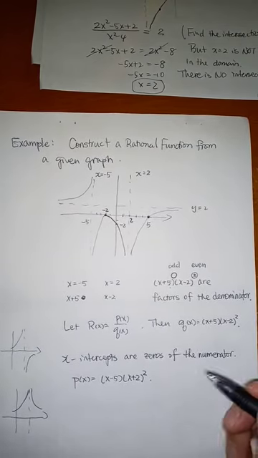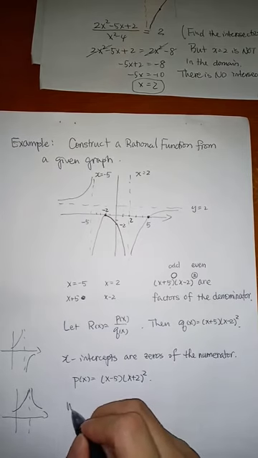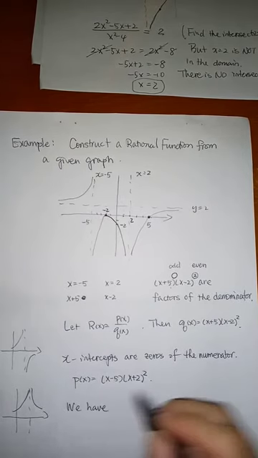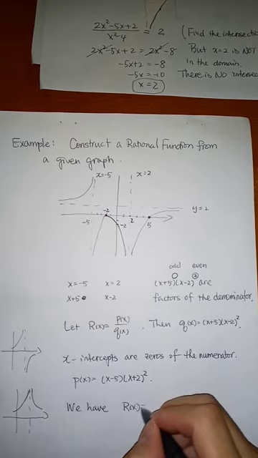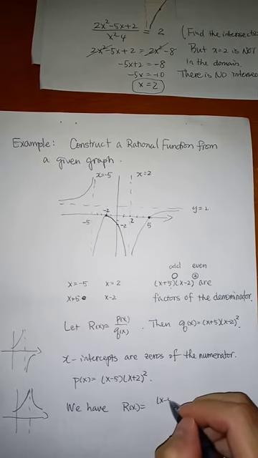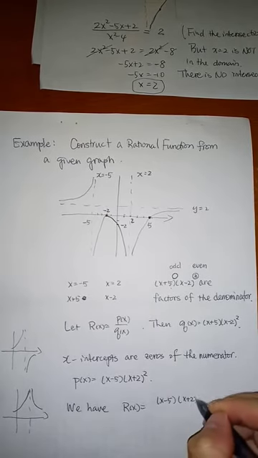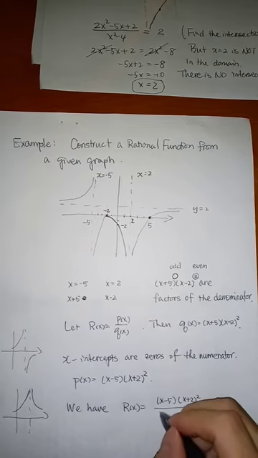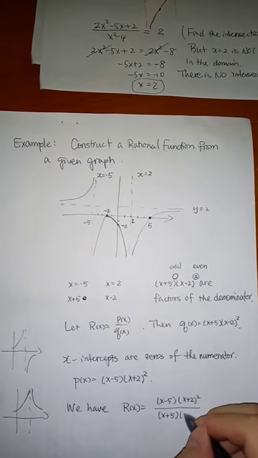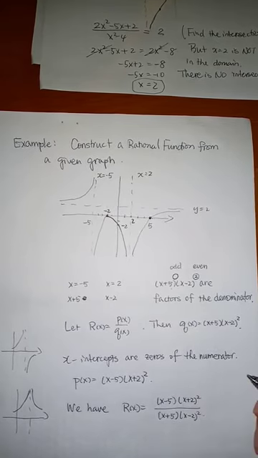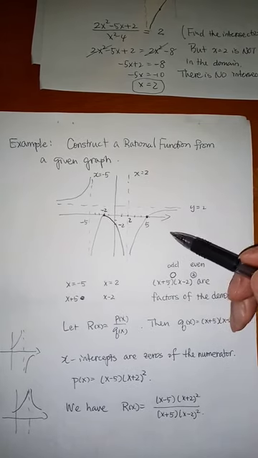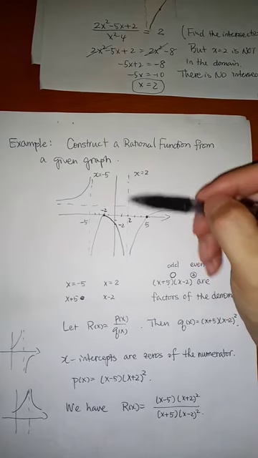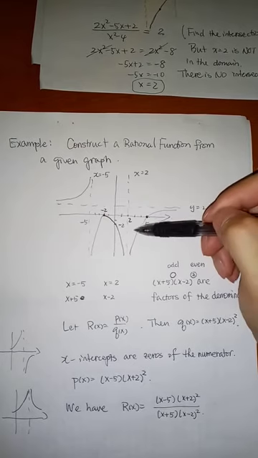Okay? So now what do we have? R of x is equal to the numerator over the denominator. What have we studied?